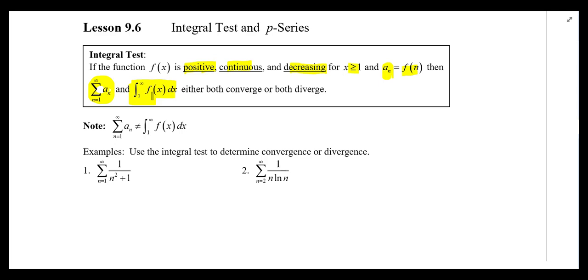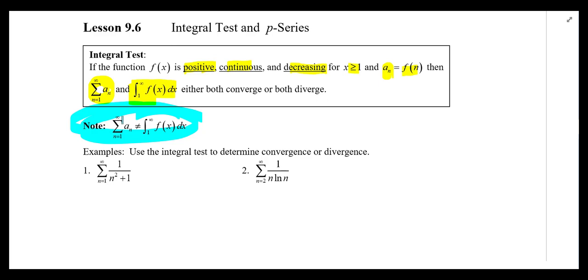Now, I need you to understand this note: the series does not equal the integral. We're just saying that the integral can be used as a test to determine if the series is convergent or divergent. It doesn't say that the result of the integral is equal to the actual sum of the series.